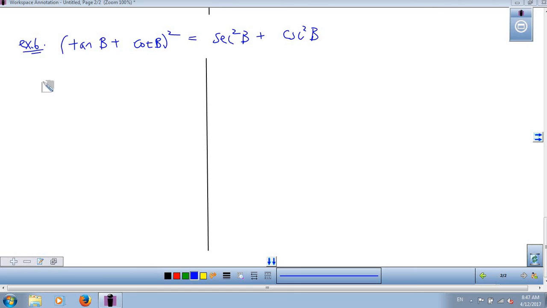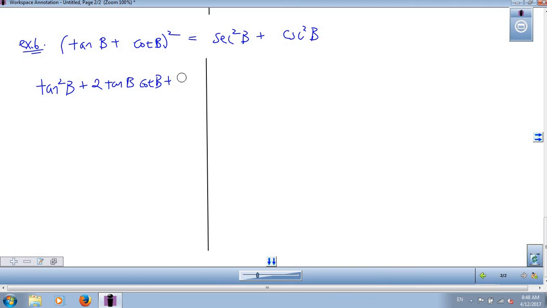So let's go ahead and expand that. When you do tangent b plus cotangent b squared, you are basically doing tangent b plus cotangent b times tangent b plus cotangent b. So you get tangent squared b plus 2 tangent b cotangent b plus cotangent squared b.